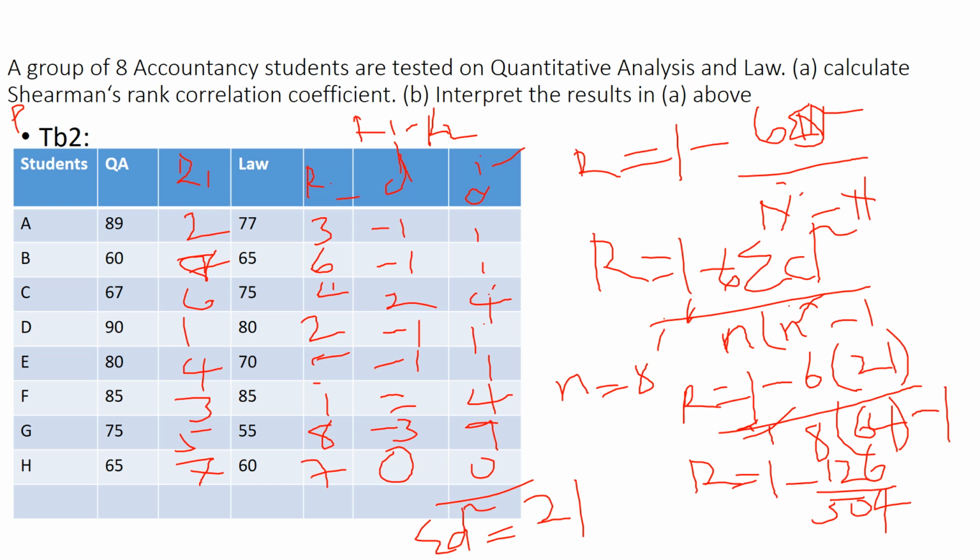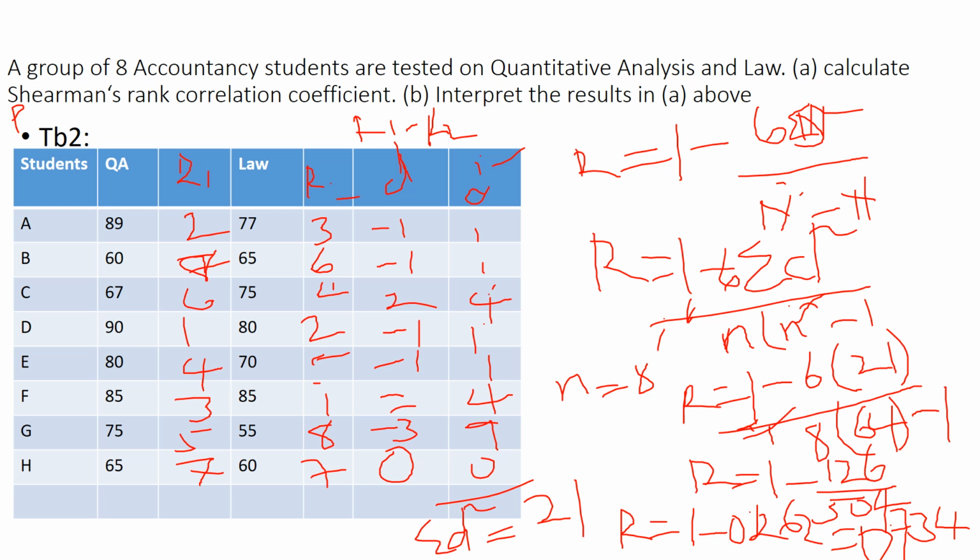So now if you divide that, our R will be equivalent to 1 minus 0.262, and if you subtract, you get our R being 0.734.